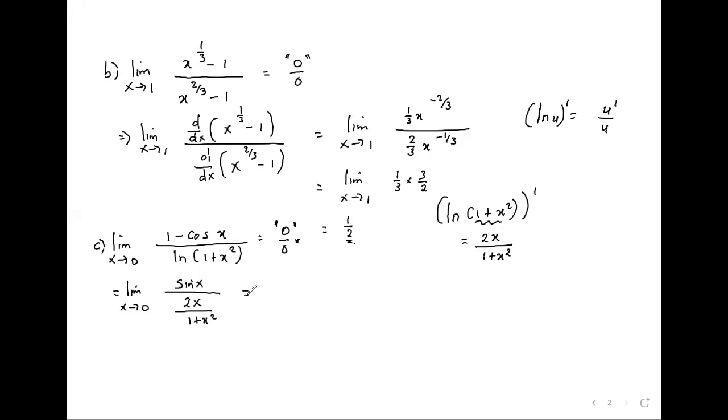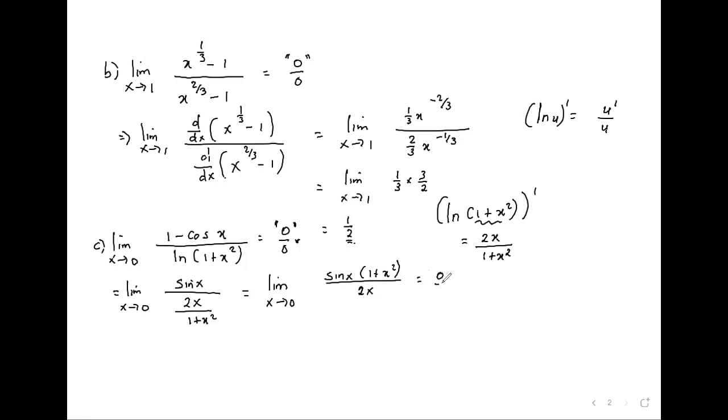Now when you write this properly, it becomes the limit as x goes to 0 of sin x times (1 plus x squared) over 2x. So if we place 0, we get 0 over 0 again.